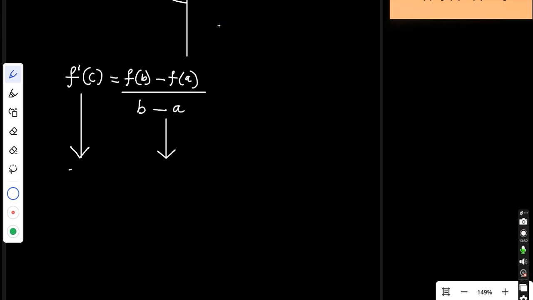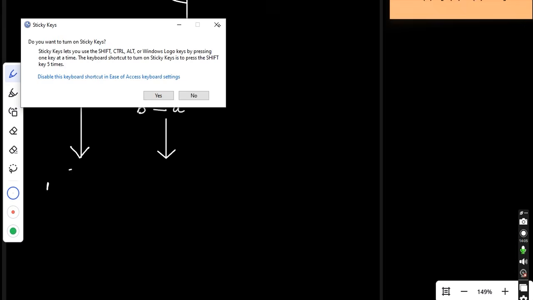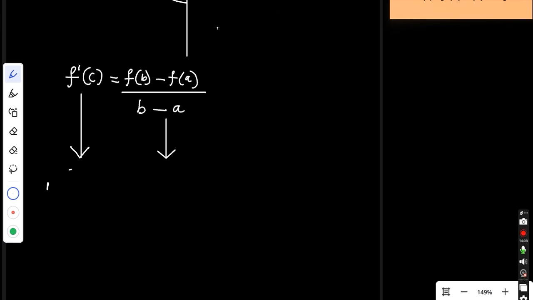The slope of the tangent is also known as the instantaneous rate of change, while the slope of the secant is known to be the average rate of change. Those are some key points which you need to take down.